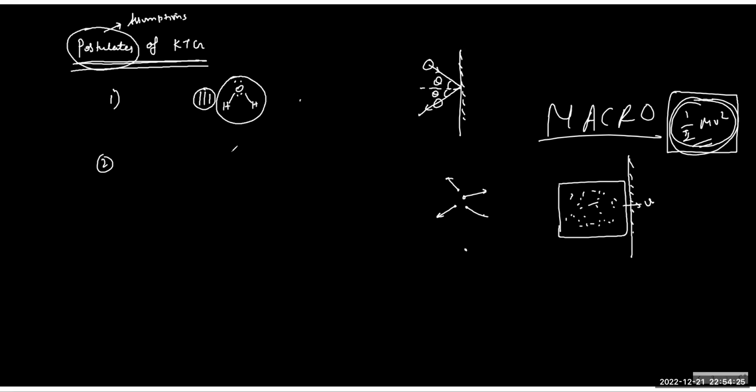But the KTG part only talks about which energy? Internal kinetic energy, only pure kinetic energy. Now again, the problem is that in a container, even though it's a very rarefied gas, the number of molecules will be very large, isn't it? Even in a rarefied medium, the count of molecules is going to be large enough.